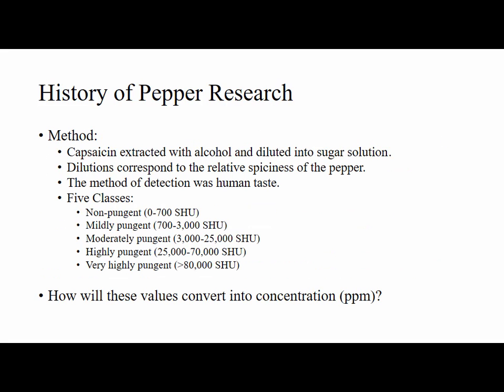His method included capsaicin extractions with alcohol, and these were then diluted into sugar solutions. These dilutions do correspond to the relative spiciness of the pepper, and this is then a method using human taste test. There are 5 classes, very creatively named. We have non-pungent, mildly pungent, moderately pungent, highly pungent, and very highly pungent. So I do have a question for you. How are we going to convert these into something that we quantify as ppm?